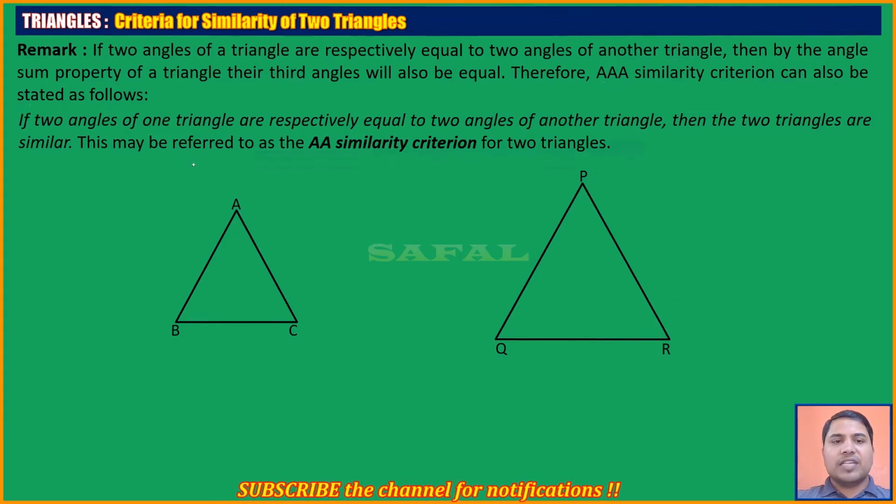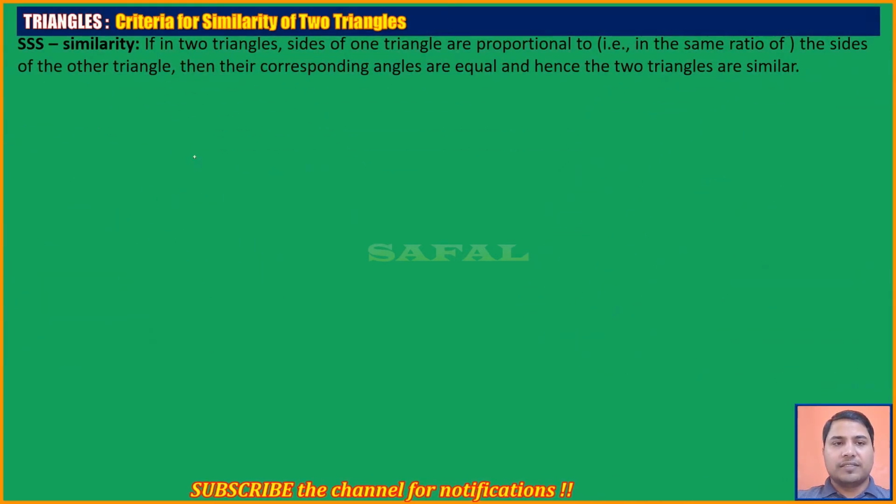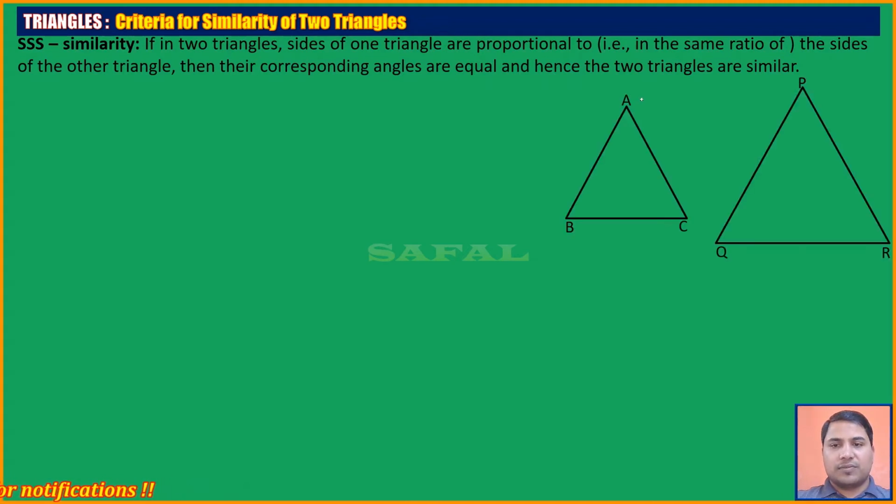Now the second one we have is the side similarity criteria. What it states is, if in two triangles, sides of one triangle are proportional to the sides of the other triangle, then their corresponding angles are equal and hence the two triangles are similar. Now what is given to us is, two triangles ABC and PQR are given and their sides are proportional.